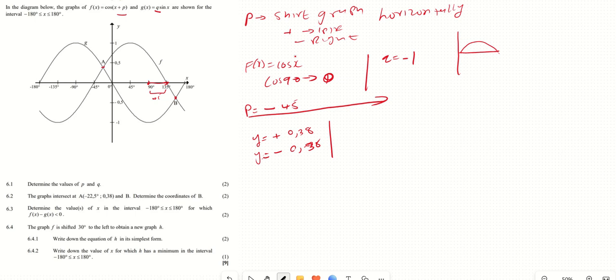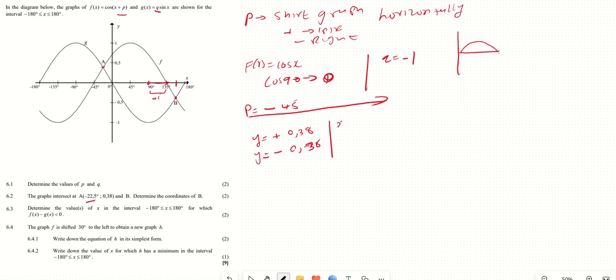Or we can see that this is from 135. This value is between 180 and 135. It's either from 135 we add this 22.5, or from 180 we subtract 22.5.